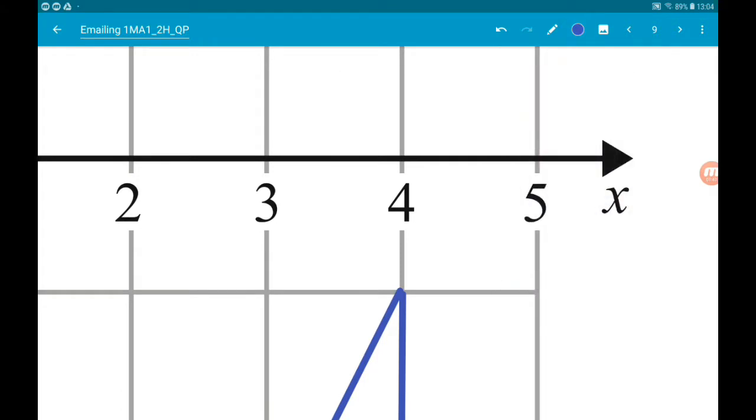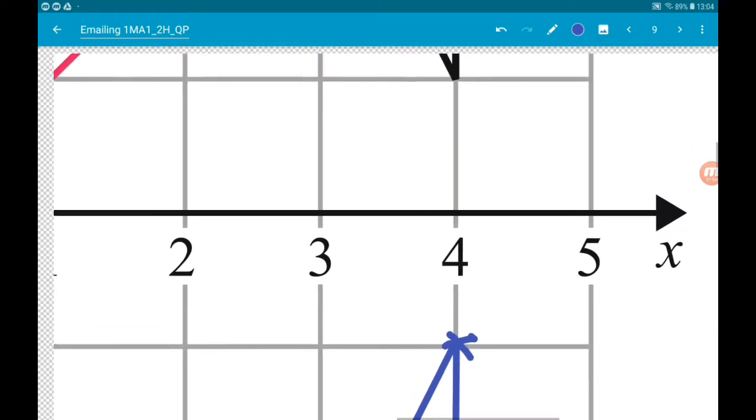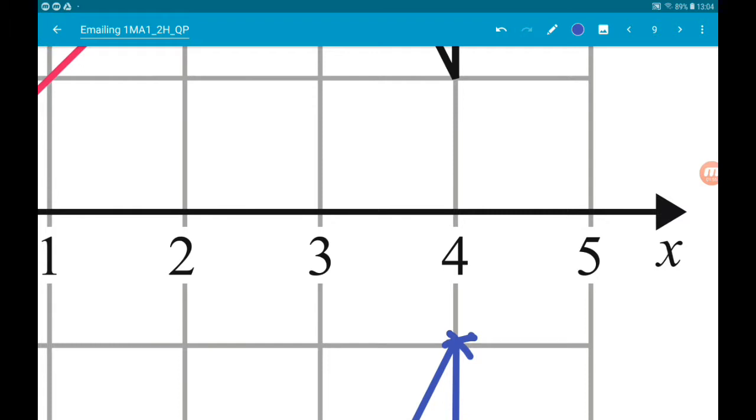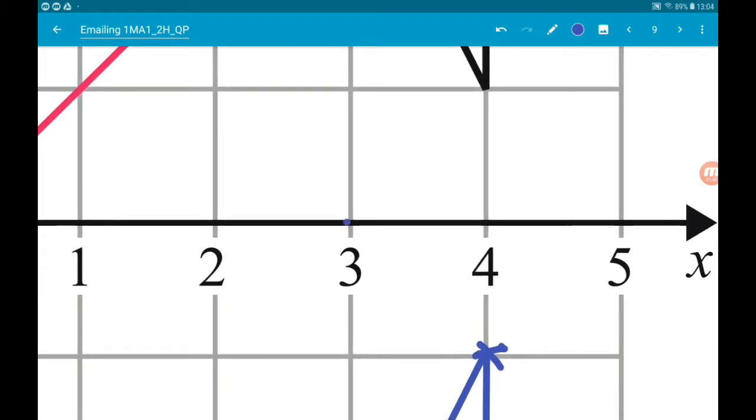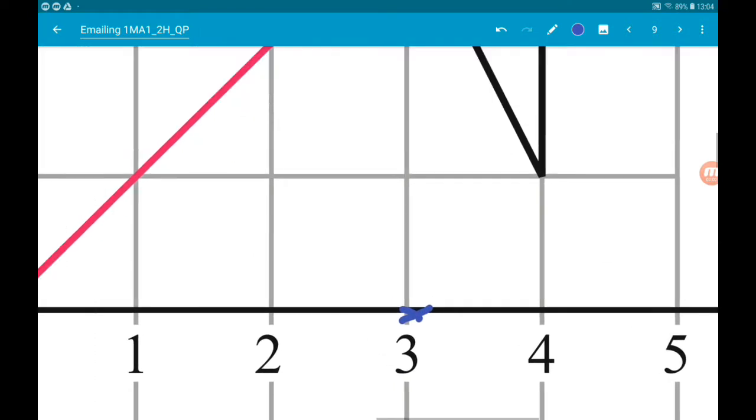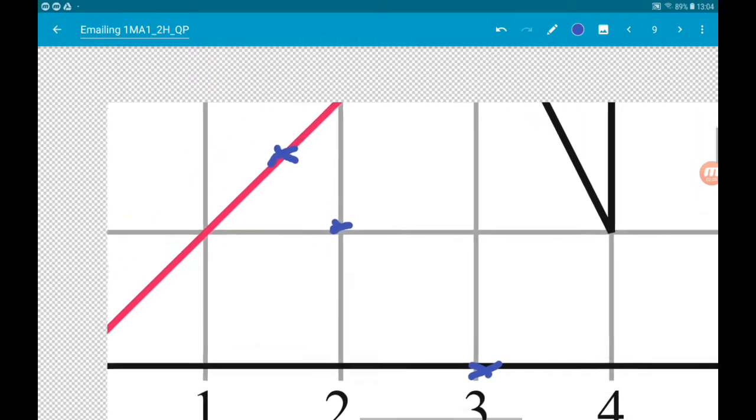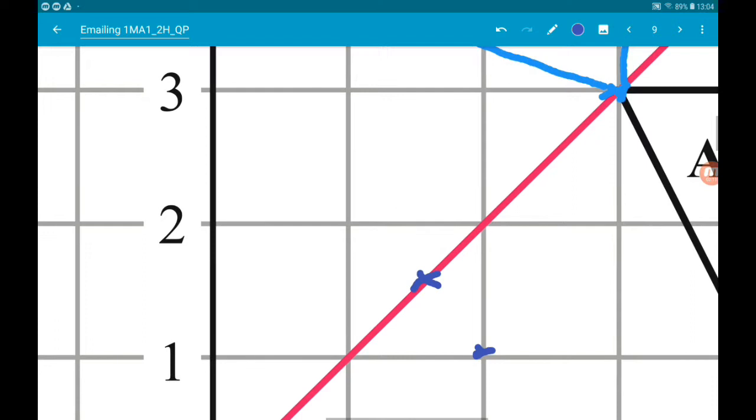So let's go with the tip of the triangle. And then count how many squares we can go diagonally to get to the line. So 1, 2, 2.5, so we go the same distance on the other side.